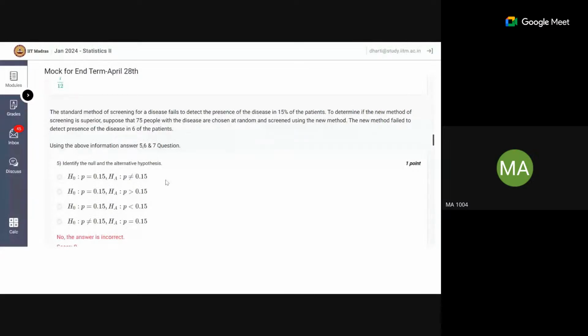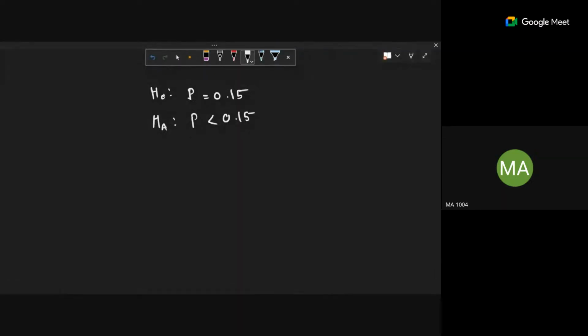So in the question they have given that the standard method has probability of failing to detect the disease as 0.15, and we are checking for the new machine whether it will give you a lesser probability or a higher one.